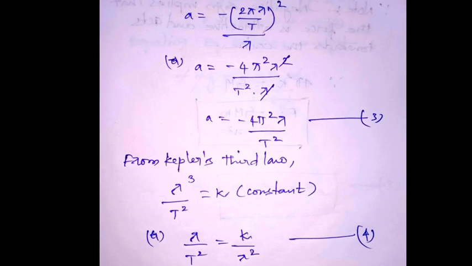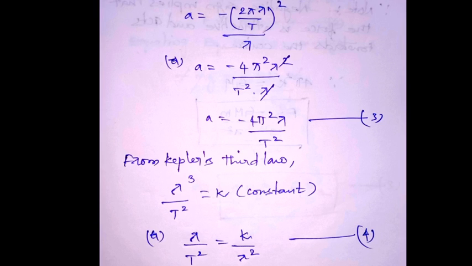So we get A is equal to minus (2 pi R divided by T) the whole square divided by R. Simplifying the numerator, we get A equal to minus 4 pi square R square divided by T square into R. Cancel R square and R, so we get A equal to minus 4 pi square R divided by T square. This is equation number 3.